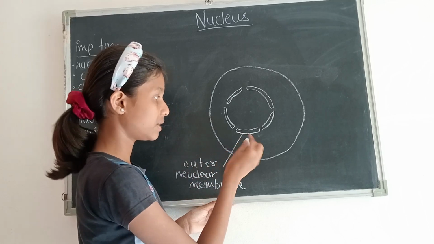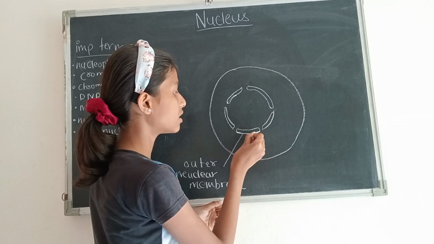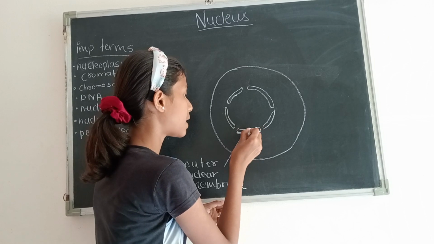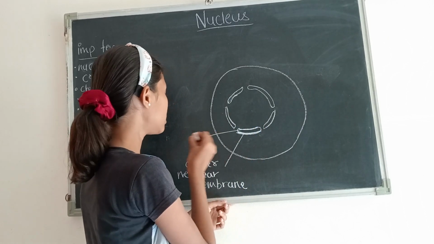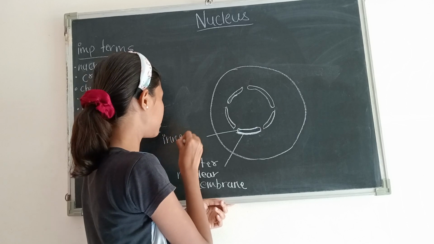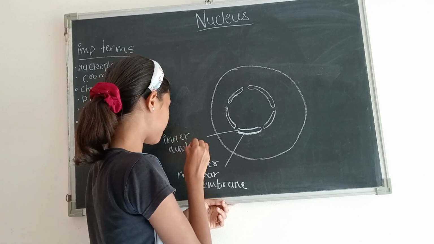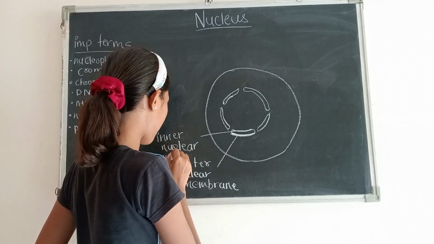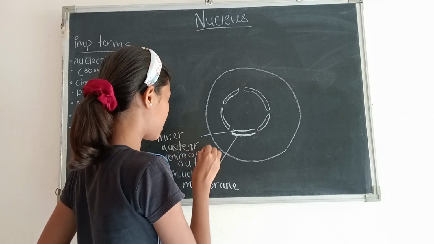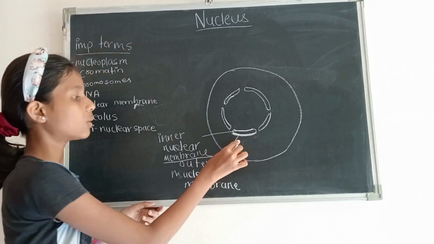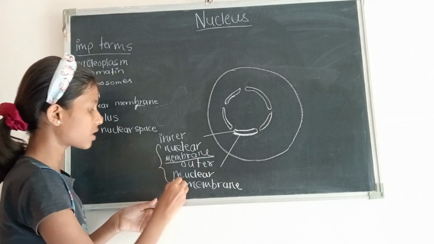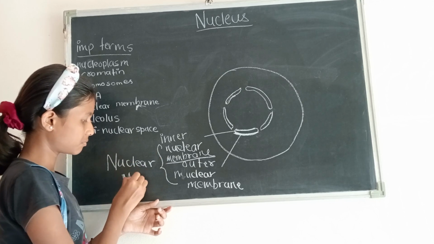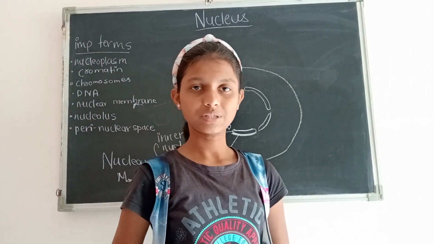This particular part is known as the outer nuclear membrane, and this part is known as the inner nuclear membrane. Inner and outer nuclear membrane. Thus, these two combine to form a nuclear membrane. This was all about it.